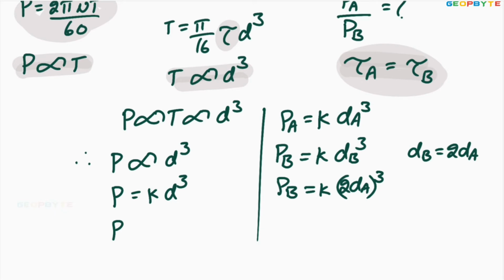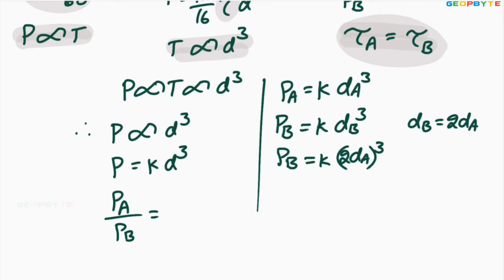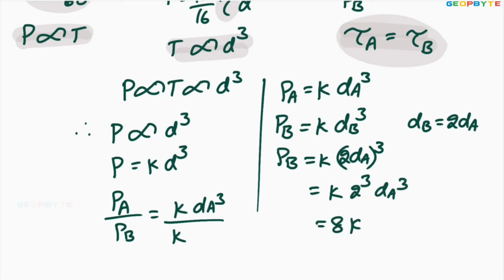Then the power transmitted by A divided by power transmitted by B is equal to K into dA cube divided by K into 2 cube into dA cube. It is equal to 8 into K into dA cube.